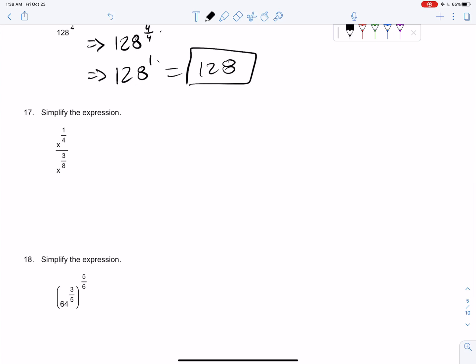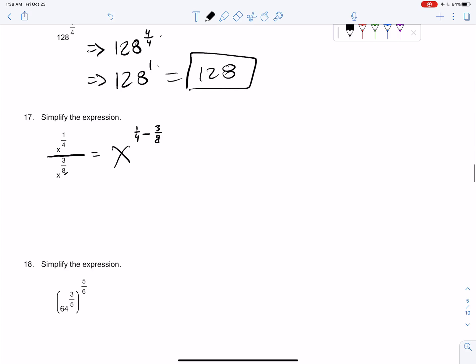Now 17, we've got still the quotient rule going on here. And simplify the expression, okay? It's the quotient rule, so we've got 1/4 minus 3/4. Nope, sorry, 3/8. 8 right there. Uh-oh, we don't have common denominators.